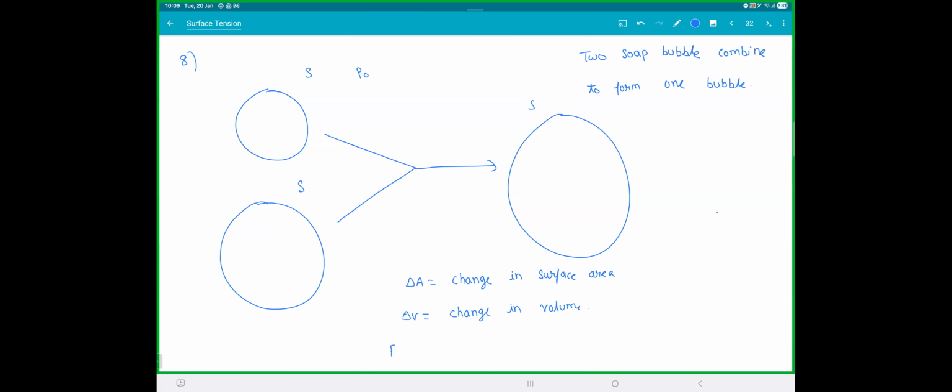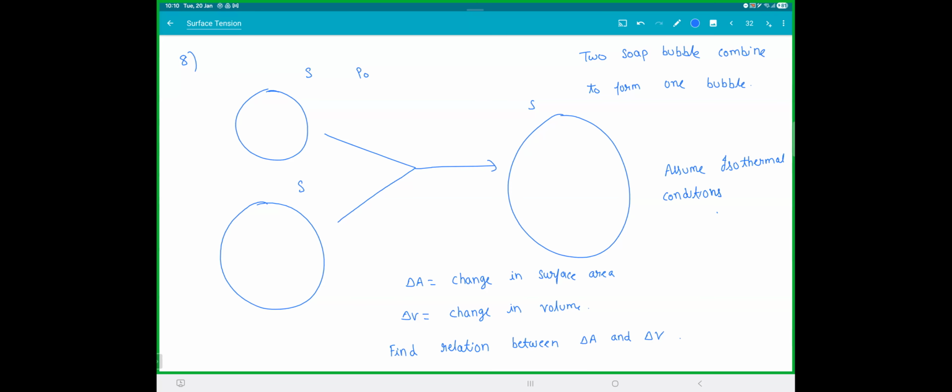Find the relation between delta A and delta V, assuming isothermal conditions, meaning the temperature remains constant in this process, and the gas is an ideal gas. So we have to use PV equals nRT.